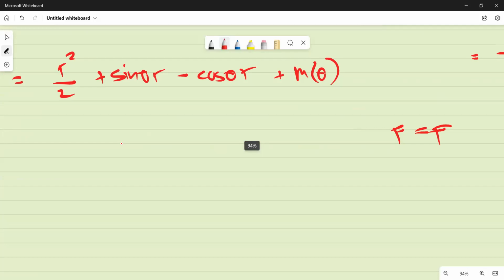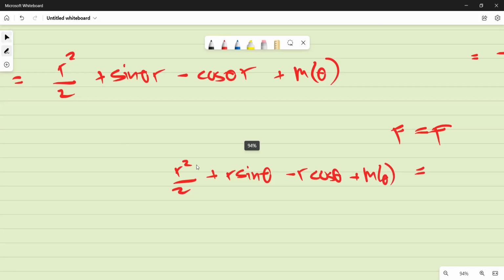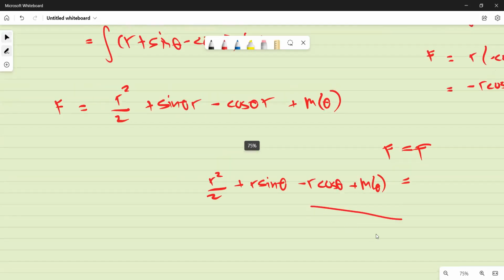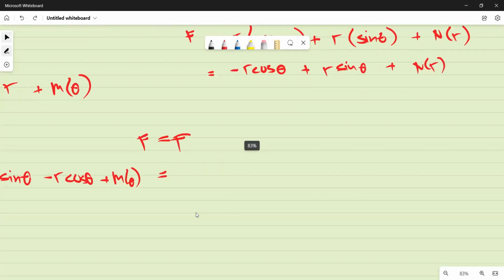So this is r squared over 2 plus r sine theta minus r cosine theta plus m with respect sa theta is equal to, yung right side natin naman is, pwede natin sulat ng r sine, unahin natin yan para positive, minus r cosine theta plus n of r.